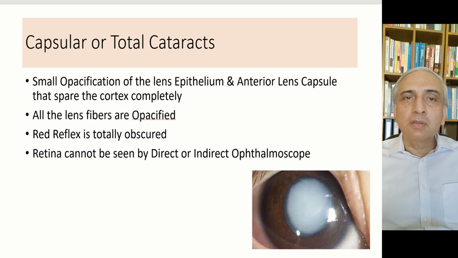But the most important thing is, especially under examination under anesthesia, if you can take the ophthalmoscope forward and see the retinal details with a direct ophthalmoscope, that usually means that the patient does not need surgery because he'll have fairly good vision up to 6/12 in those patients. Because congenital cataract surgery is not as simple as adult surgery.